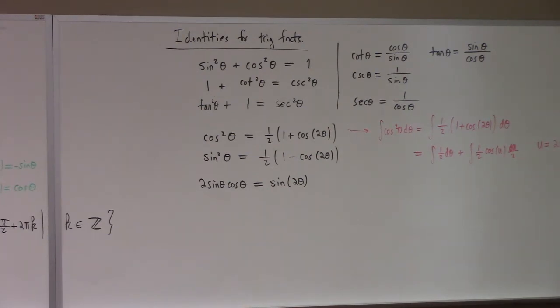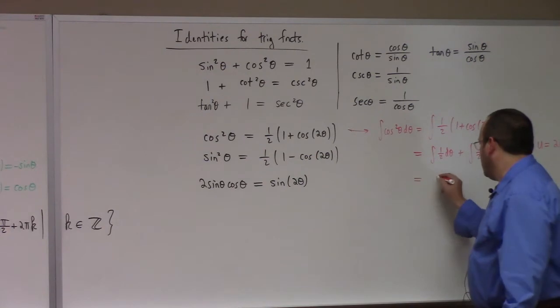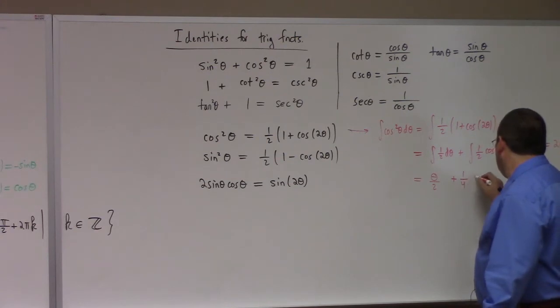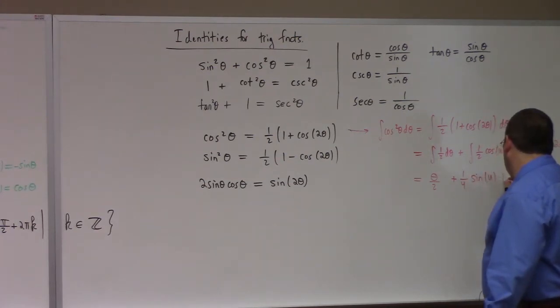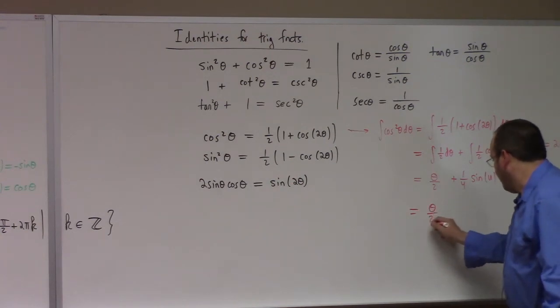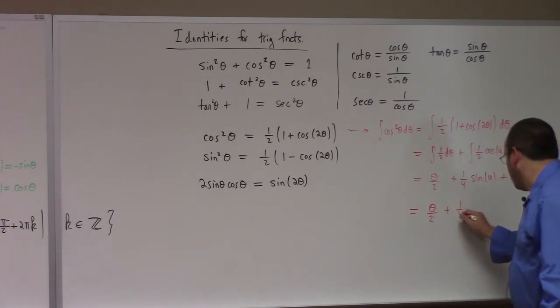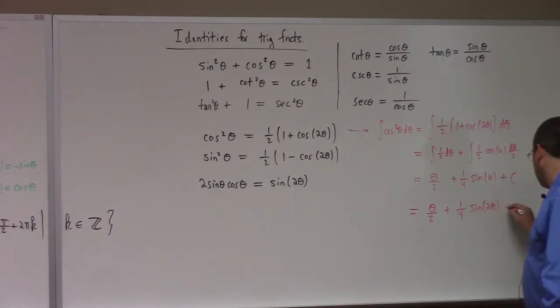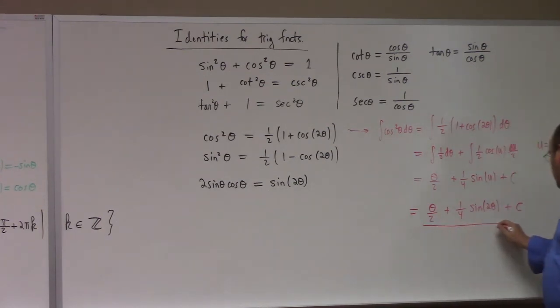And so, what does this give us? This gives us theta over 2 plus 1/4 the sine of u plus a constant. And so theta over 2 plus 1/4 the sine of 2 theta plus a constant. There you go. That is the indefinite integral of cosine squared.